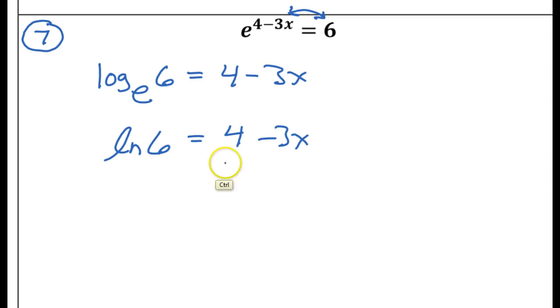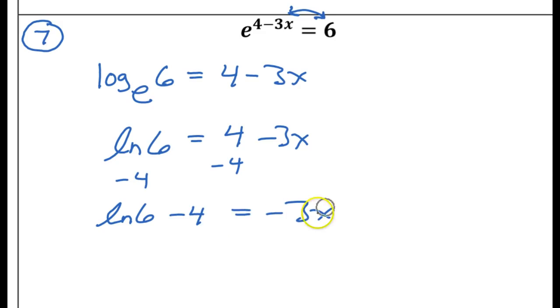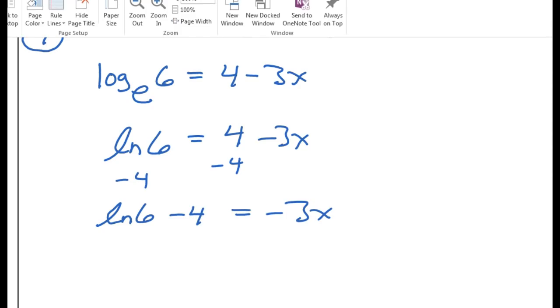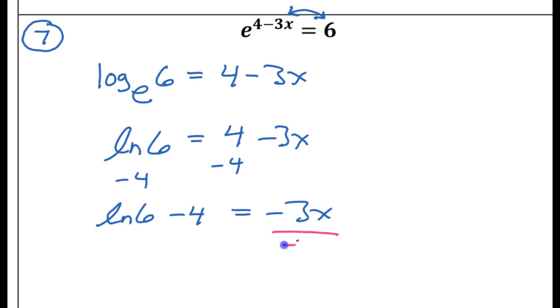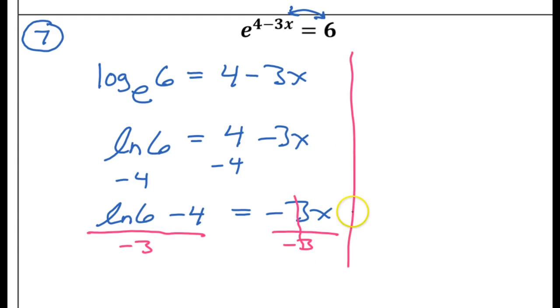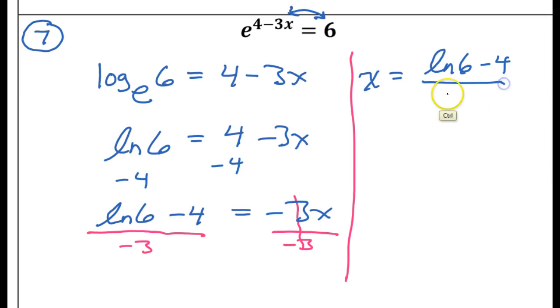So we just do our two Algebra 1 steps. So let's subtract 4 from both sides. So that's natural log 6 minus 4 is equal to negative 3x. And then we will divide both sides by negative 3. Okay, so our final answer will be x is equal to natural log 6 minus 4 over negative 3.